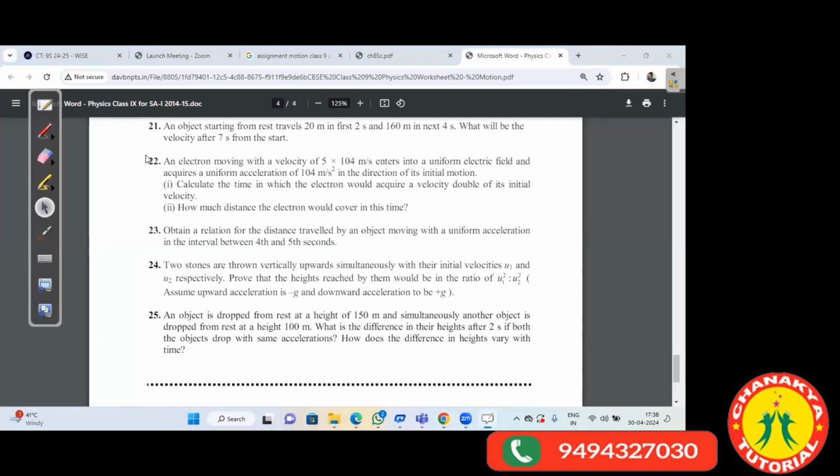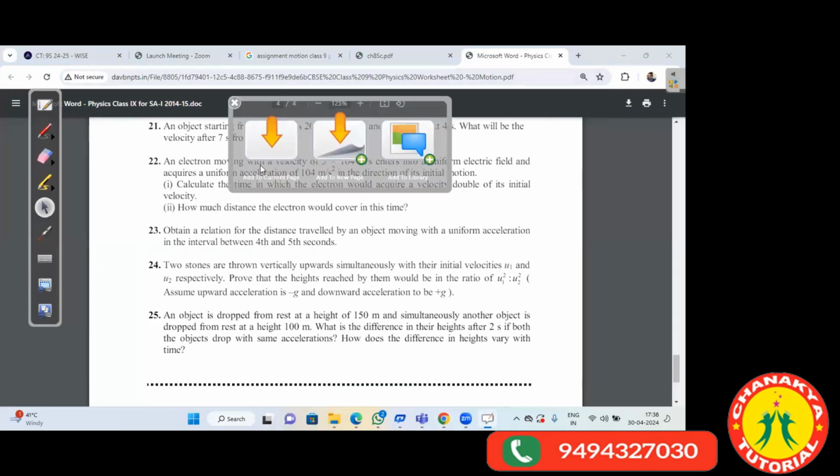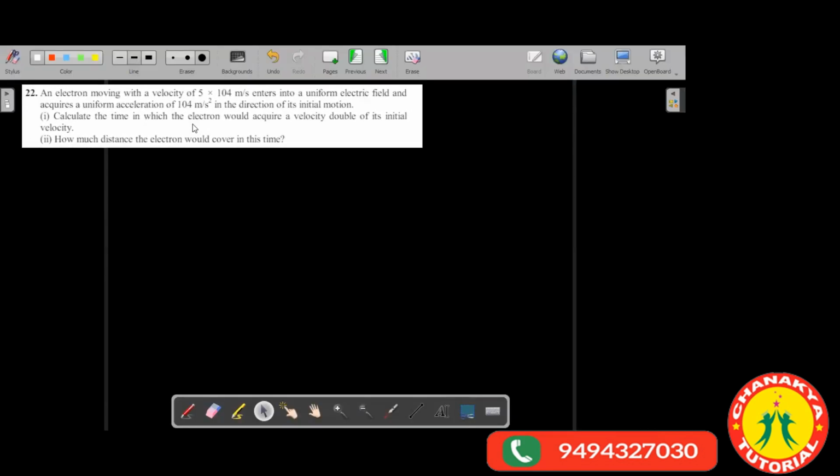It's about an electron. An electron moving with a velocity of 5 multiplied by 10 to the power 4 meter per second enters a uniform electric field and acquires a uniform acceleration of 10 to the power 4 meter per second square in the direction of its initial motion.